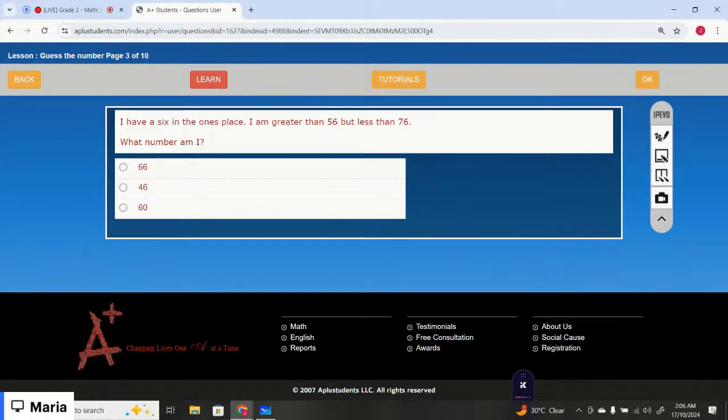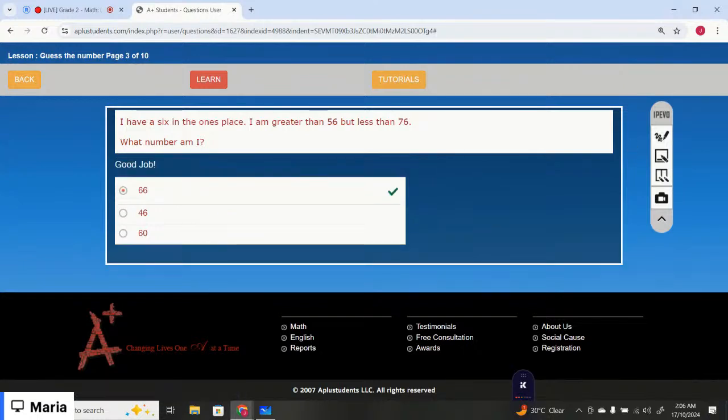I have a 6 in the ones place. Very good. That is 66. Option number 1 is the correct option. Very good.